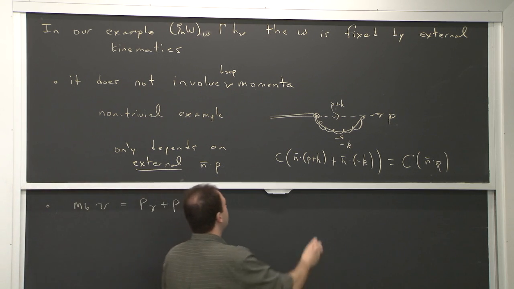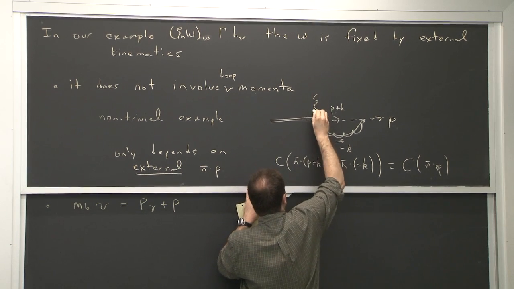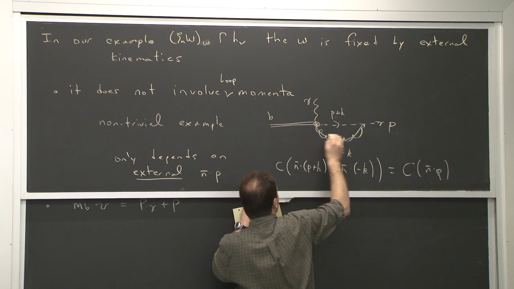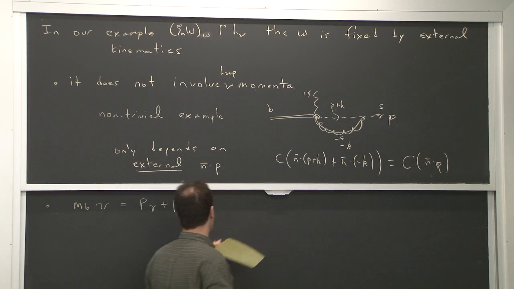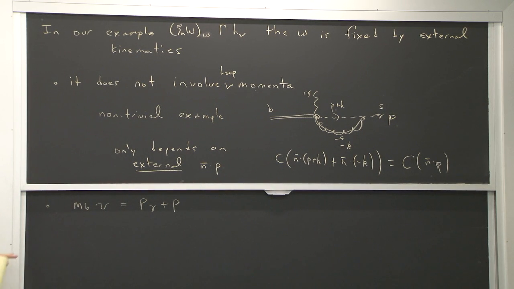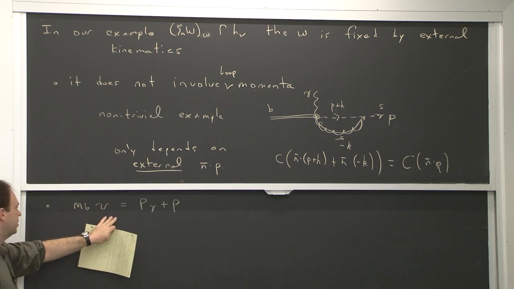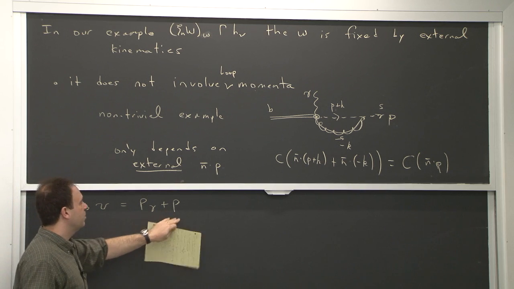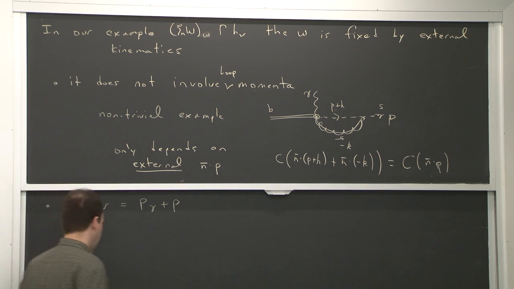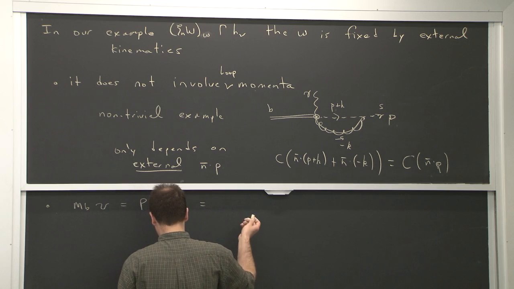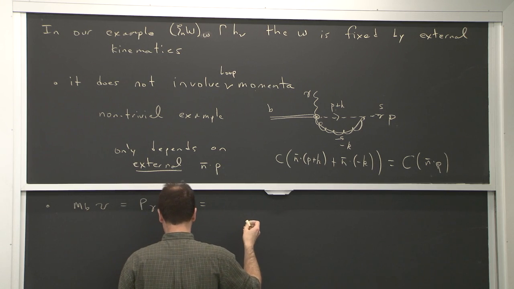So if we put a little more into our diagram, let's put the photon in. This is a B quark. This is a strange quark, B to S gamma, for example. Then the kinematics of the external lines is we have m_b v coming in for the B quark, P of the photon, and P of the external strange quark. And the photon is light-like, P gamma squared is 0.